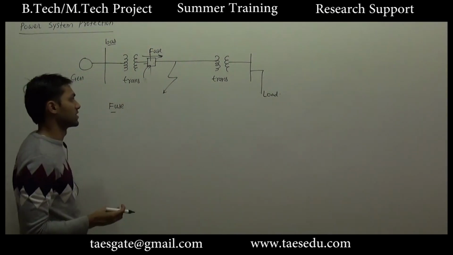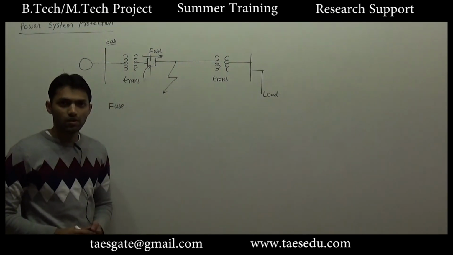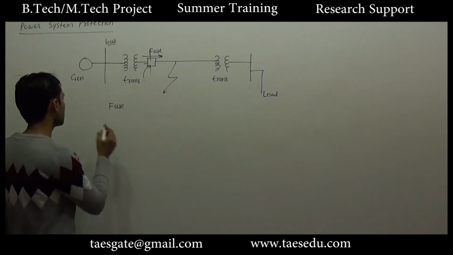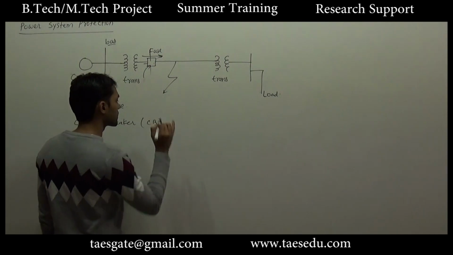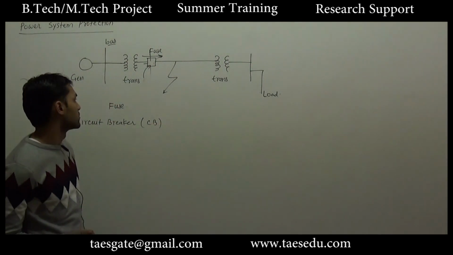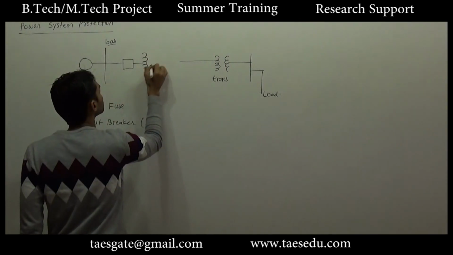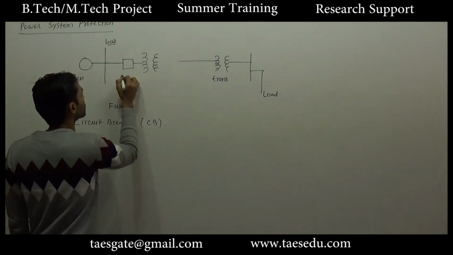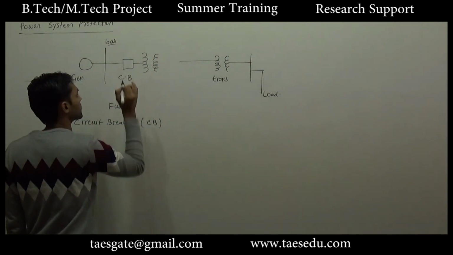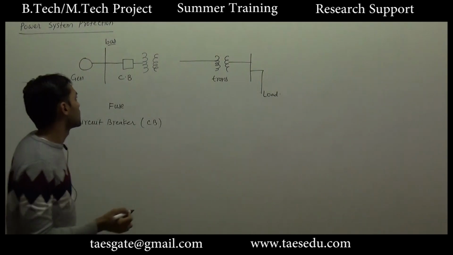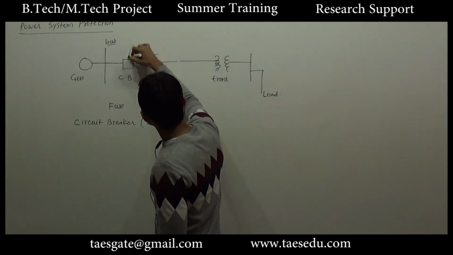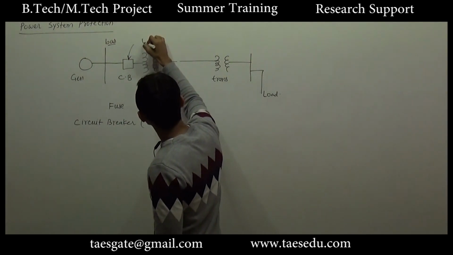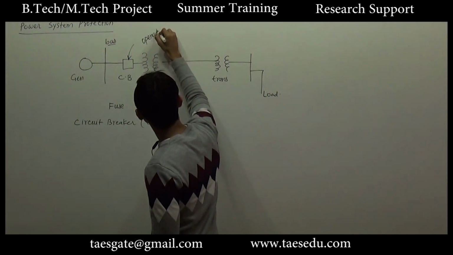It is not automatic. So in power system protection, instead of fuses, circuit breakers are used. Circuit breakers are a kind of automatic switch. Instead of a fuse, we will have a circuit breaker here. When a fault occurs, the circuit breaker will open its connection.